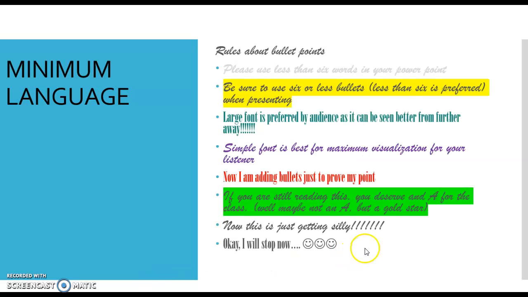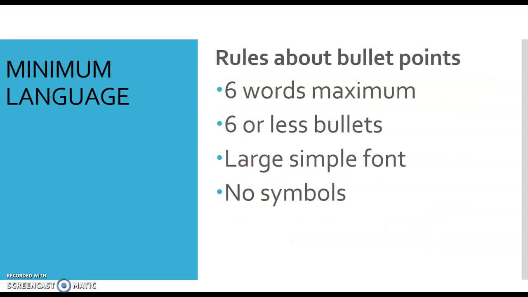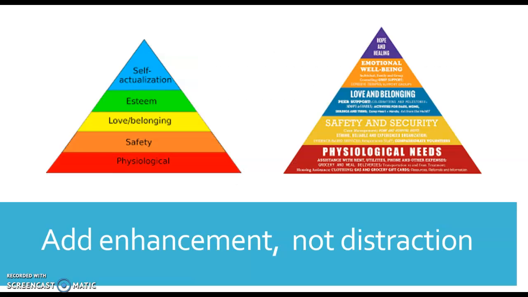If we go back here, we have some very kind, happy smiley faces and lots of expression. You will do that with your vocals, okay? Your visual does not need to create an expression because that is your role as a speaker. So rules about bullet points, use the rule of 6. 6 words max, 6 or less bullets, large and simple font, and no symbols.